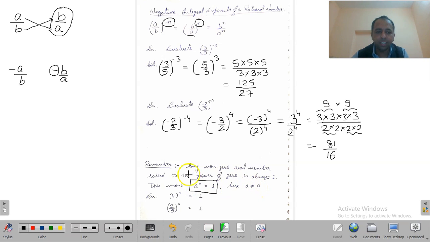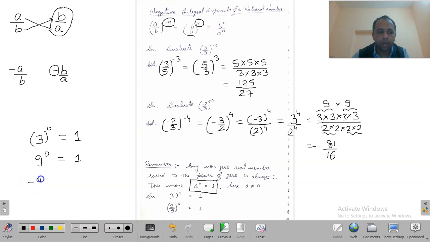That means if the base value is not 0, for example the base value is 3 and the exponent value is 0, the base value should be a non-zero number and the exponent is 0. So 3 to the power 0 is what? 1. 3 to the power 0 is 1. 9 to the power 0 is also 1.